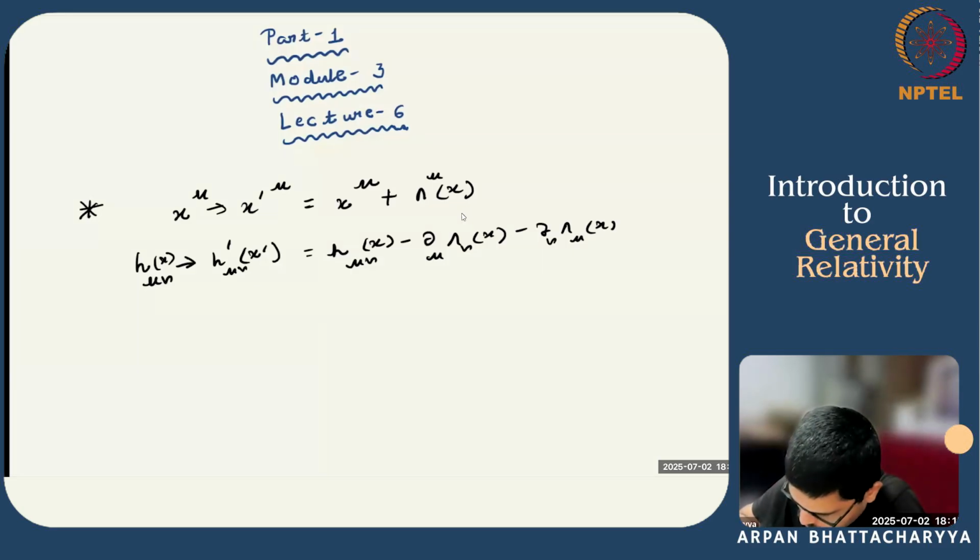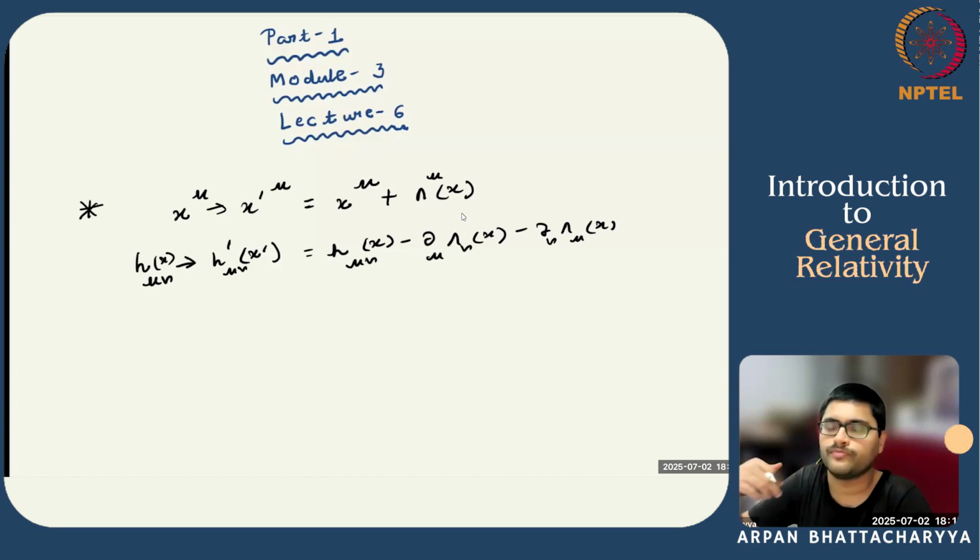Hence, the gauge transformation of the Pierce-Pauli field necessitates gauge transformation of the spacetime coordinate as well. So the lesson that we learned is that we have to gauge the spacetime translational symmetry.